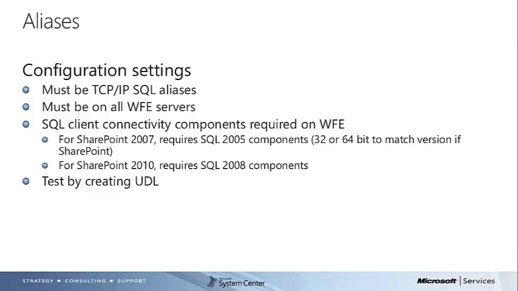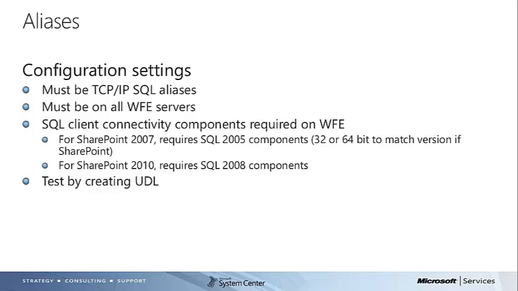So for configuring the settings, first off, it has to be a TCP/IP SQL alias. The aliases have to be configured on all web front-end servers, and that's more of a SharePoint thing than a DPM thing. DPM does require the SQL client connectivity components on the web front-end server where we're configuring protection.